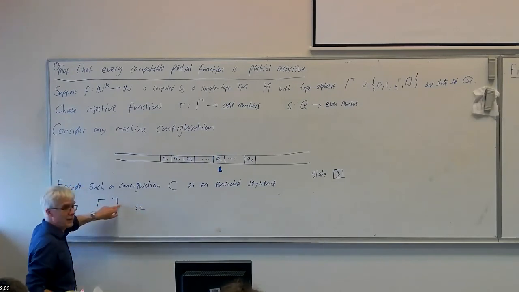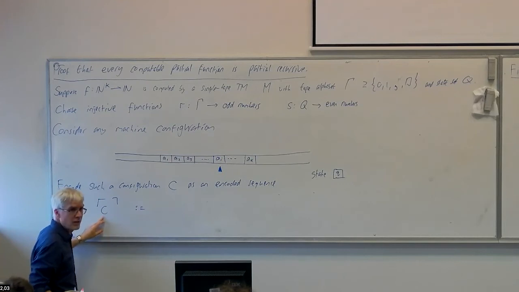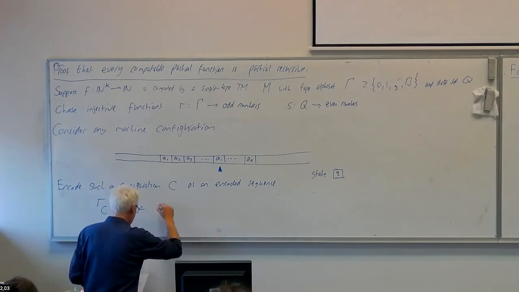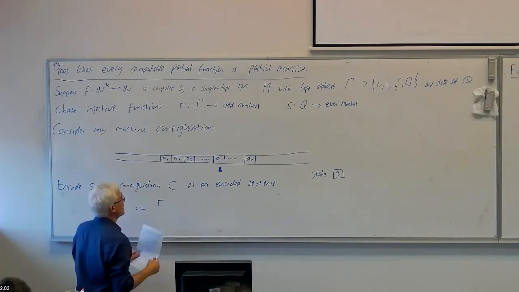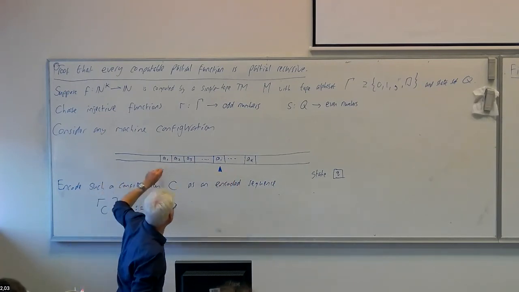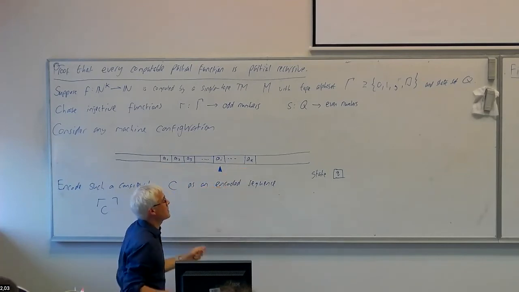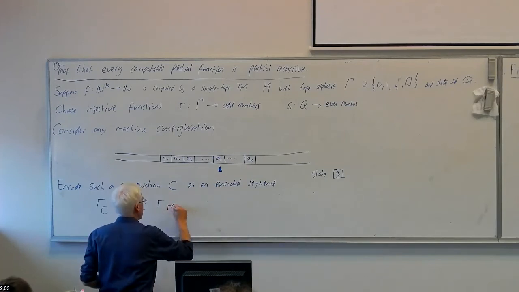Again, I'm using angle brackets, and angle brackets mean encoding, basically. This is not an encoding of a sequence, this is now an encoding of a configuration as a natural number. The encoding of the configuration as a natural number is defined as an encoding of a sequence, and the encoding of the sequence is: we consider these k characters from the tape alphabet and consider the sequence consisting of their encodings.